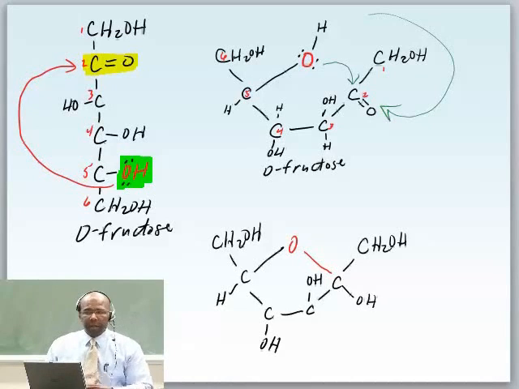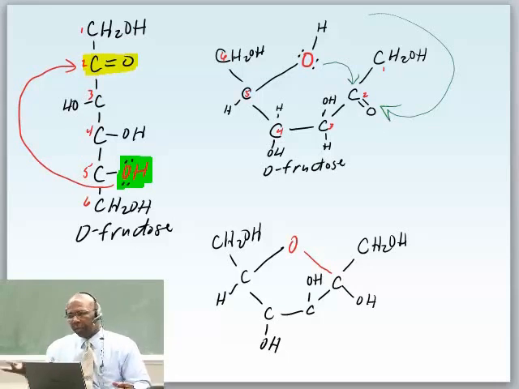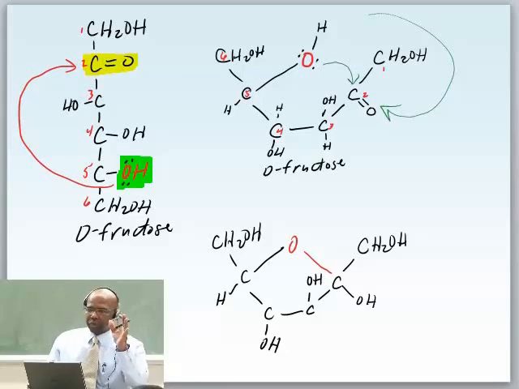Does everyone see what we did to close the ring? The electrons from the alcohol group just attacked the carbonyl, and it formed a bond there. And so the carbonyl loses its double bond, and now it just makes an alcohol. In lab yesterday we did the aldose, we did glucose, and we closed the ring for glucose.